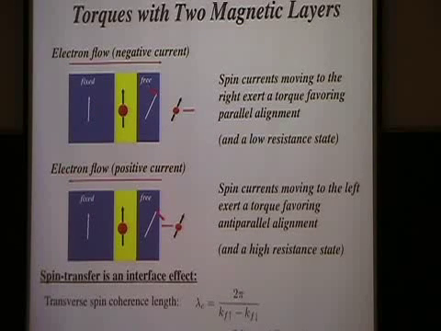In fact, if the two layers are identical, these torques still exist. And there's a very interesting result in the 1996 paper: Slonczewski showed when the two layers exist, and both have the same characteristics, they will both tend to rotate in the same direction. So if you're thinking that one layer is transferring angular momentum to the other, you might imagine that they counter-rotate.